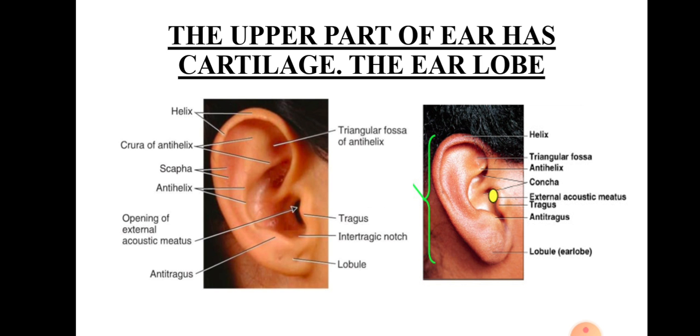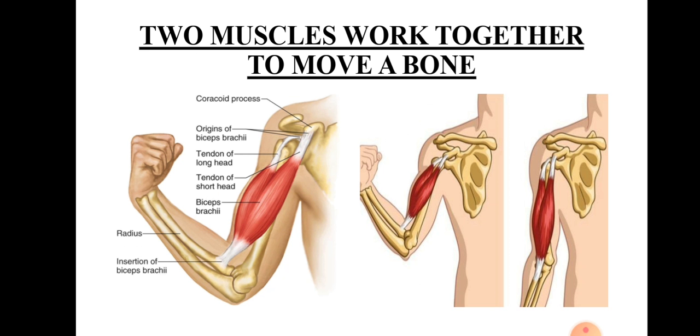Okay, next we go to muscles, the working of muscles. The bones are moved by the alternate contraction and relaxation of two sets of muscles.